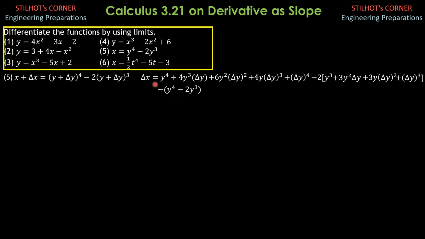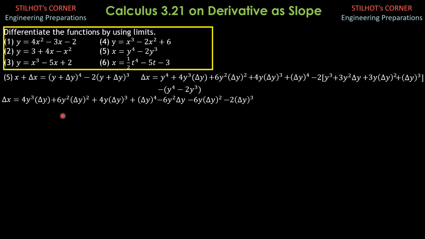So delta x is 4y cubed delta y plus 6y squared delta y squared plus 4y delta y cubed plus delta y to the fourth, then minus 6y squared delta y minus 6y delta y squared minus 2 delta y cubed. So that's it. Then divide everything by delta y.